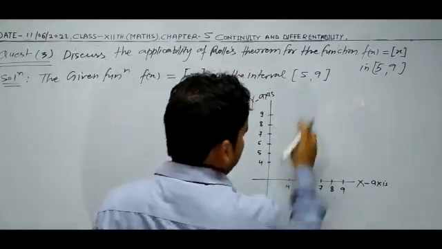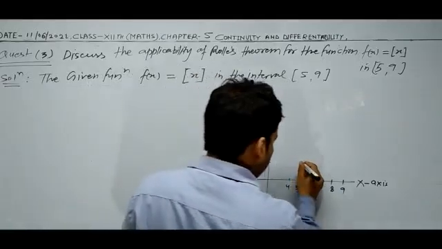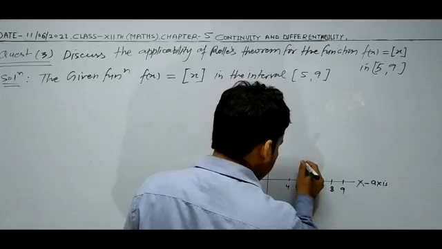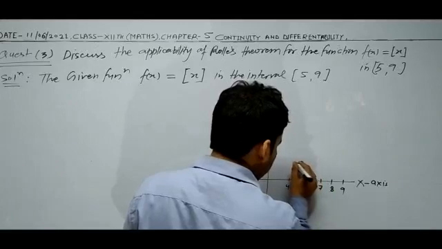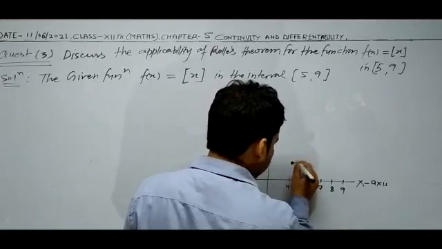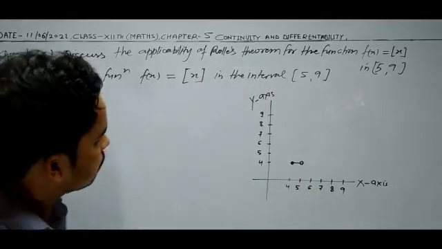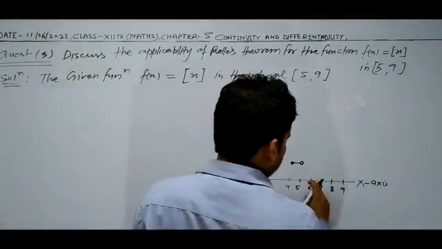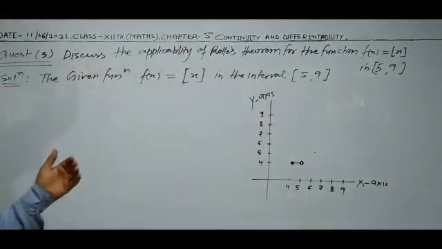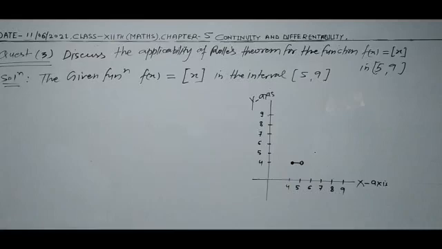The greatest integer of 5 means all values tending to the smallest. You can say 6 will tend to 5.